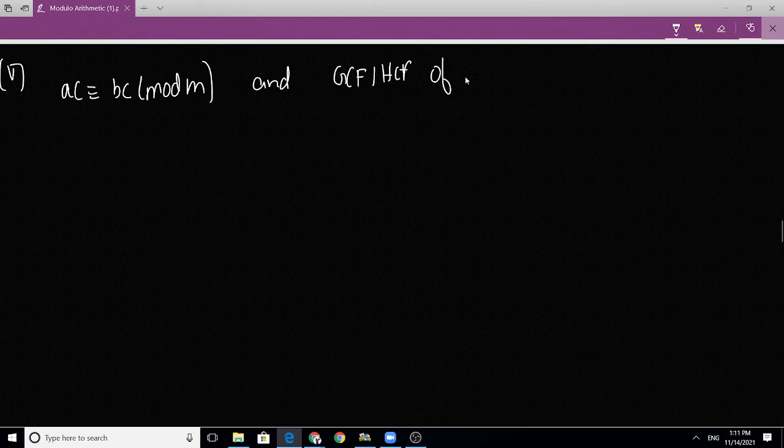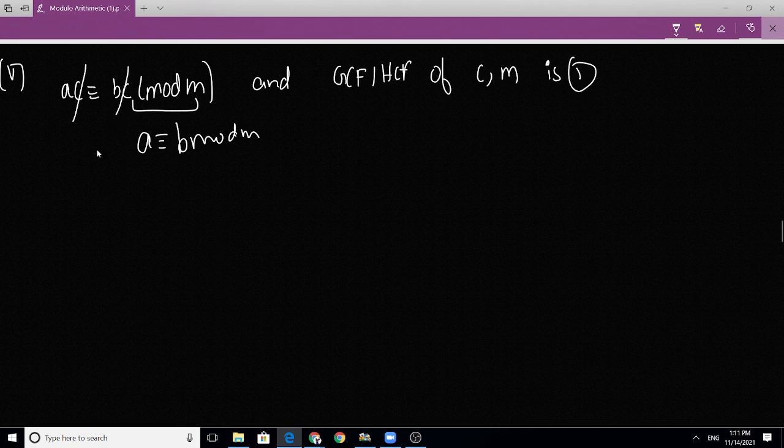If AC congruent to BC modulo M, and the GCD or the HCF of C comma M is 1, then I can write A congruent to B mod m. So if the GCD of c and m is 1, I can just cancel the c like this and I can get this. So now I'm going to prove it.